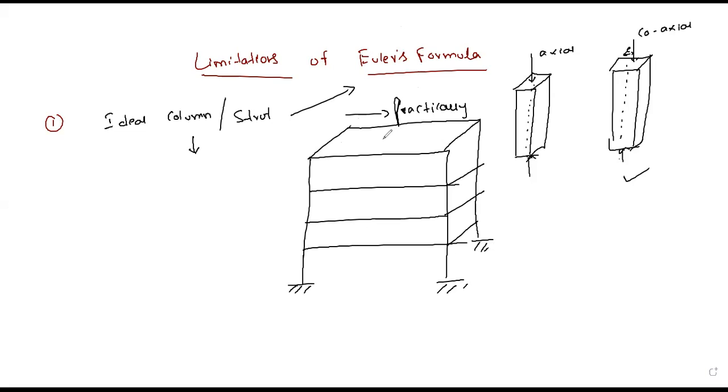From the slab, the load will be distributed like this to the beams. Next, the load will be carried by the beams in this way. And this load will transfer to the column like this. Then the column will carry the loads like this.